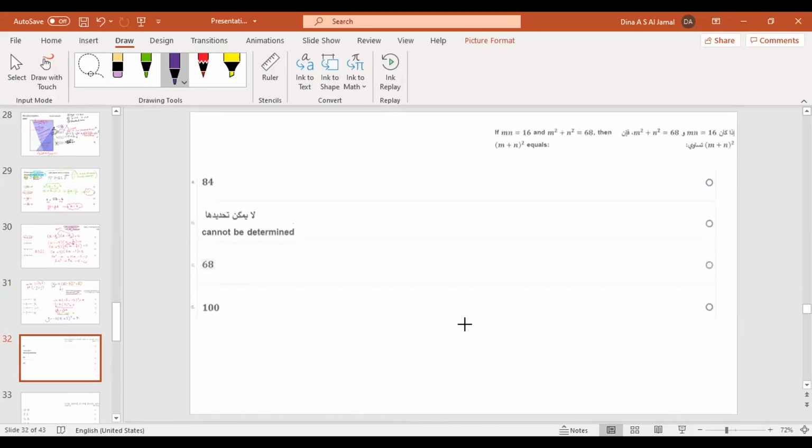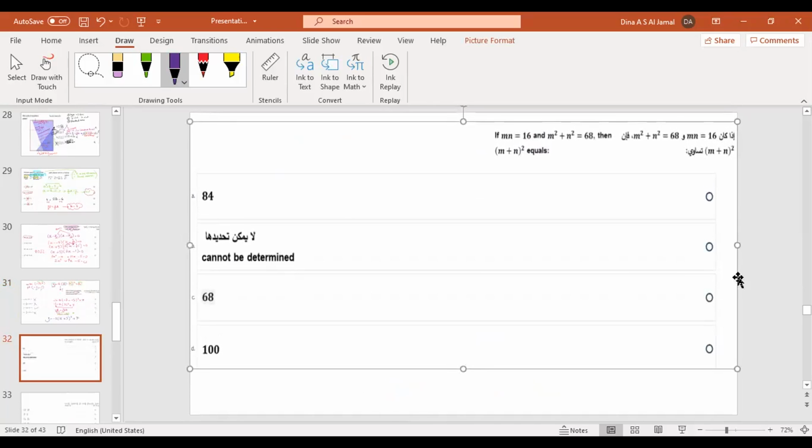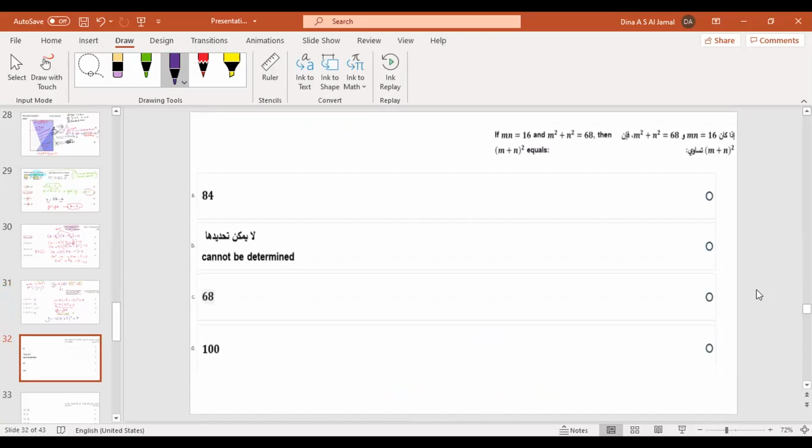Actually, nothing is hard in this question if you are memorizing the rules. Now let's read it together. If mn equals 16, so he gave you an expression, mn equals 16. Good.